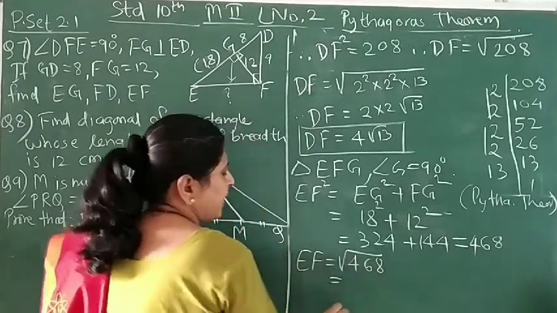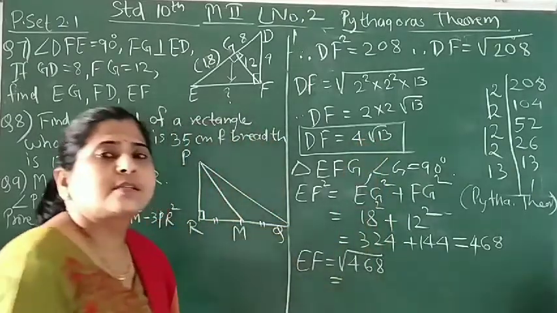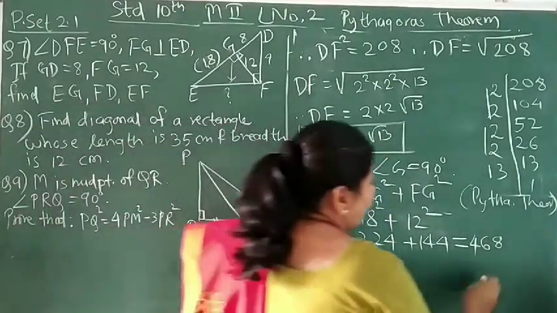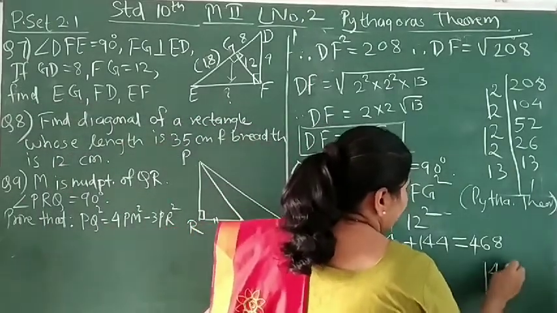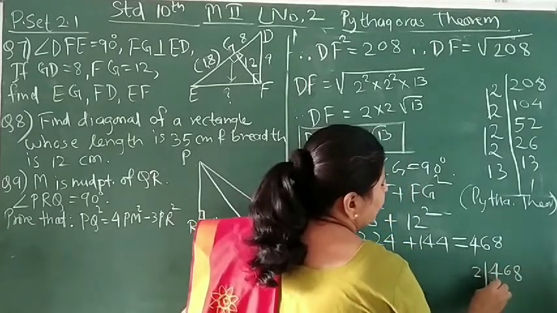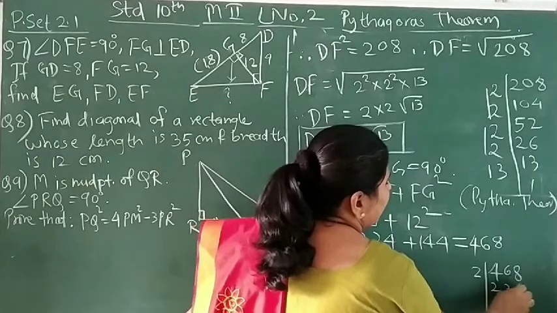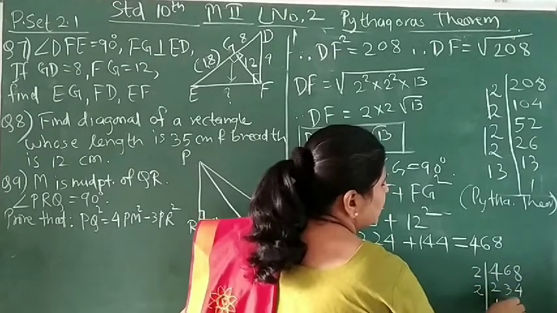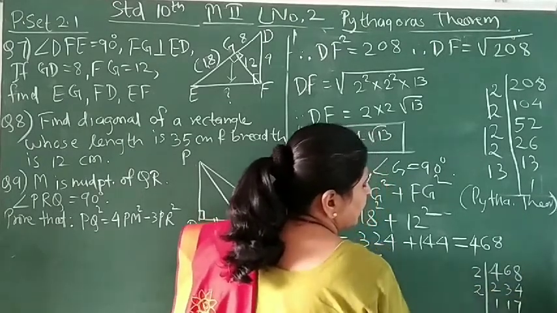Now to convert it into a mixed form, what we can do is get the factors of 468. If you divide this by 2, you get 234. Divide again by 2, you get 117.